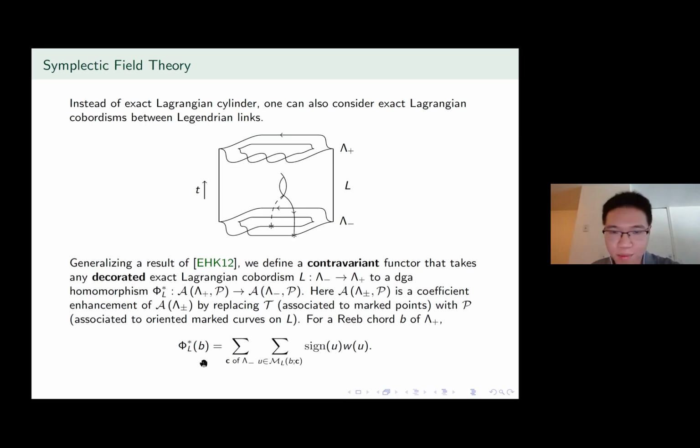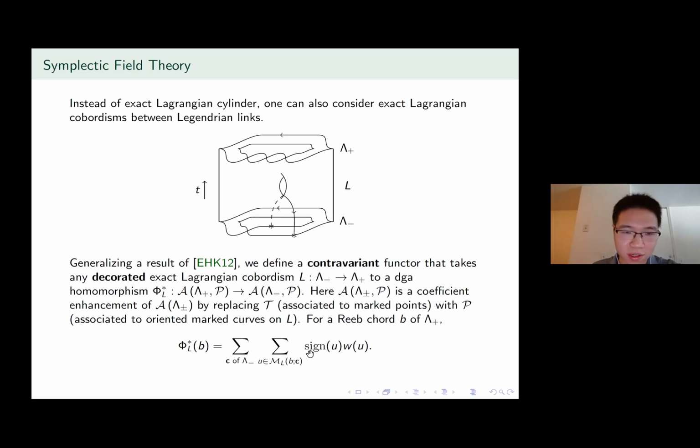For b in Λ+, the image of Φ_L star, you take tuples of Reeb chords in Λ-, and then take all disks on the cobordism with boundary on the cobordism, with a puncture at b and a bunch of punctures at c, and then you compute the sign of the disk.